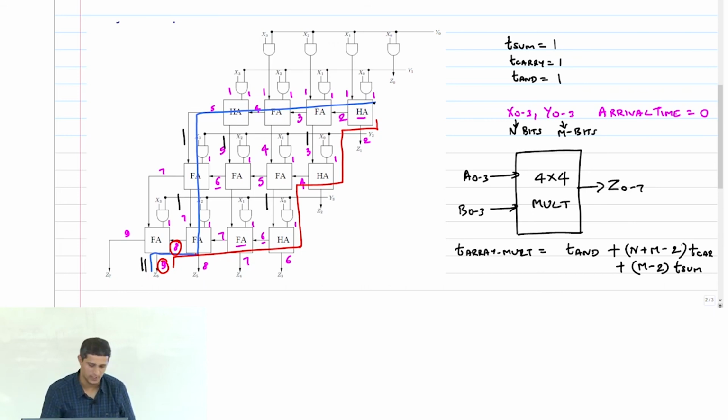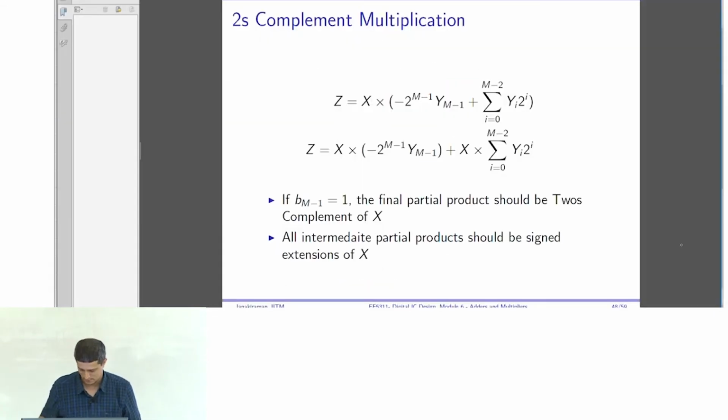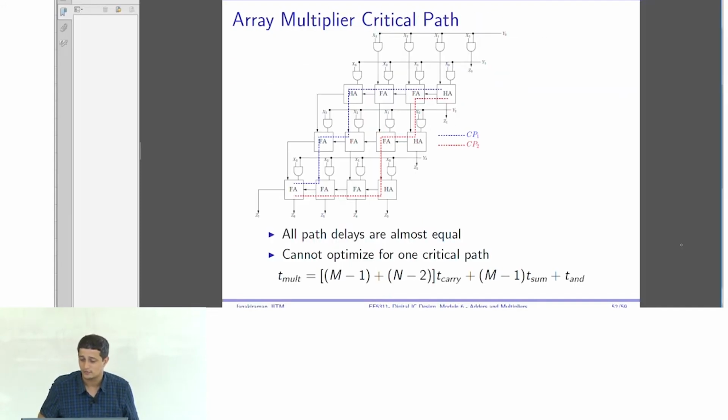So let us see if the answer matches what's given in the textbook, just in case we have made a mistake. m minus 1, yeah, this is what I thought. m minus 3 T carry plus m minus 1 T sum and T and. Why did you say m minus 2? That depends on the path, no?